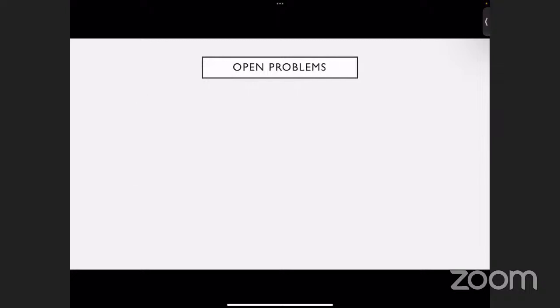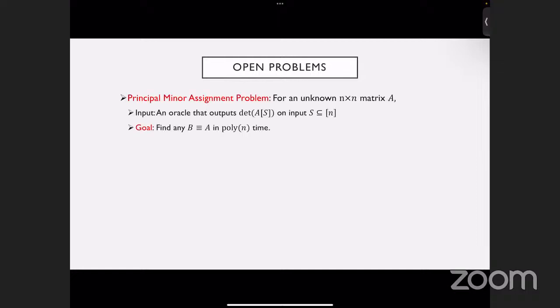And now I will talk about related open problems. One problem related to this is called the principal minor assignment problem. Here there is an unknown n cross n matrix A, and the input is an oracle that takes as input a subset S and outputs the principal minor corresponding to that set S. And the goal is to find any matrix B using polynomially many queries to the oracle such that it has the same principal minors as A. And results are known for some special classes of matrices.